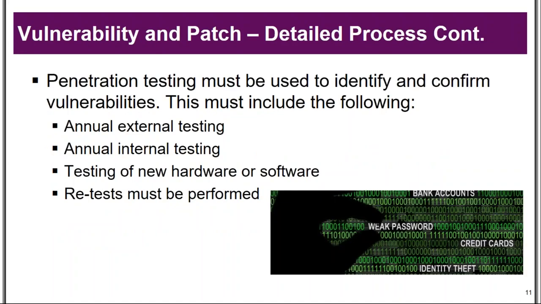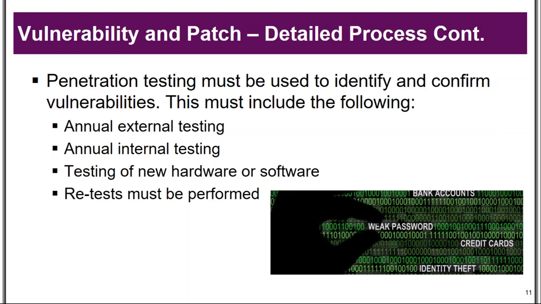Now, I talked about penetration testing before. Again, it has to be used to identify and confirm those vulnerabilities that we might have in our environment, either on our hardware, or our software, or both of them, that support our critical information systems. So it needs to include at least the following. You need to have an annual external test of your network infrastructure and your applications by independent penetration testers.